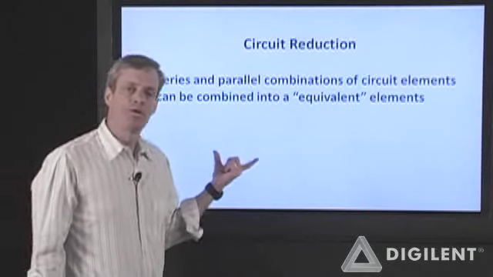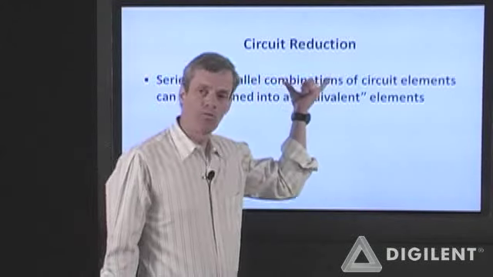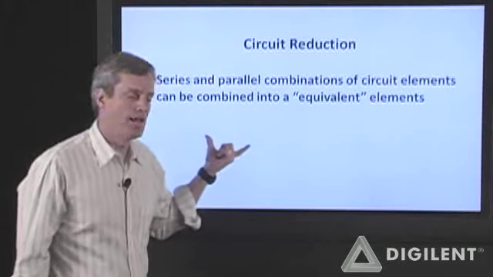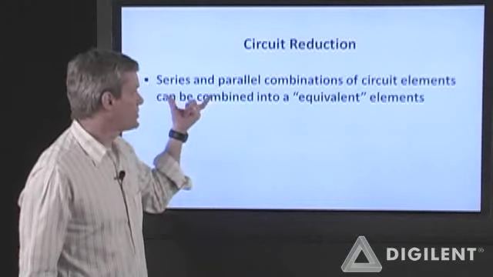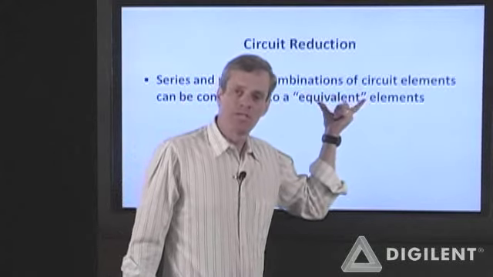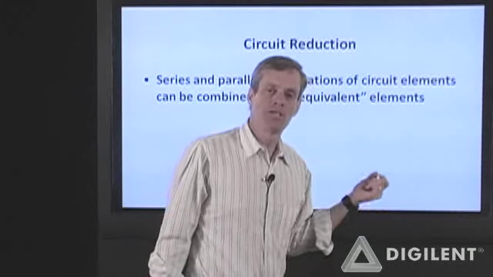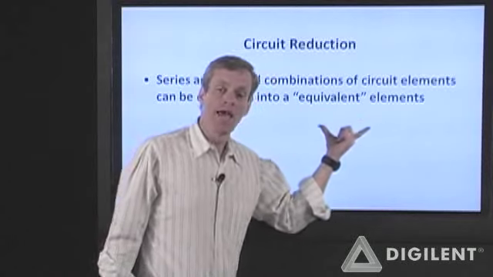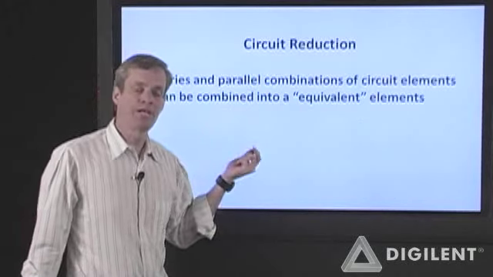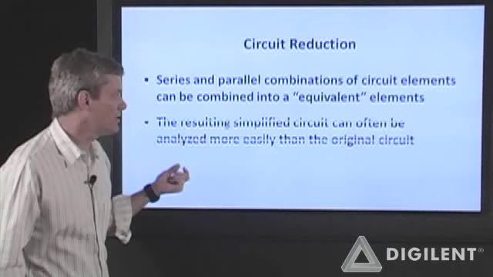Now I just want to do a few examples of circuit reduction applied to circuit analysis. What I'm going to do is take a fairly general circuit, take series and parallel combinations of circuit elements within those circuits, combine those, and convert the circuit into a simpler equivalent circuit.